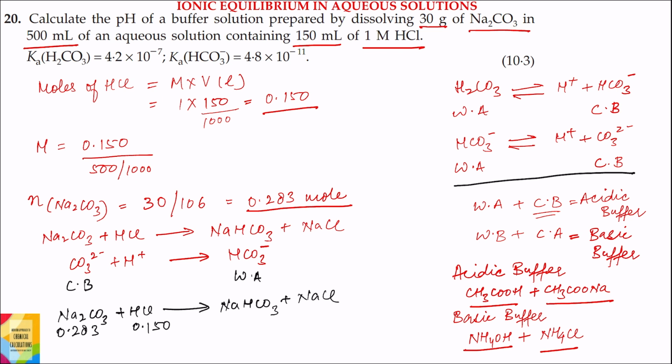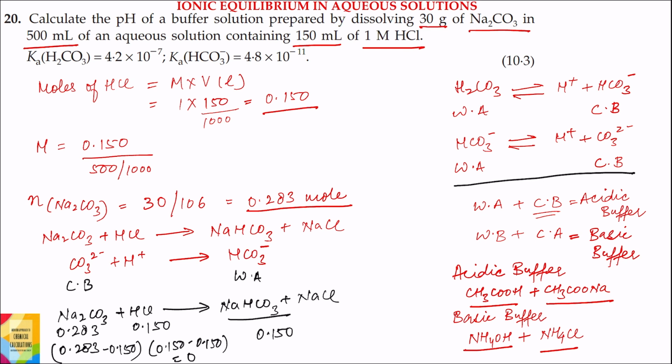So 0.150 moles of HCl will react with 0.150 moles of Na2CO3. So Na2CO3 remaining will be 0.283 minus 0.150 and HCl remaining will be 0.150 minus 0.150. This is equal to 0. And concentration of NaHCO3 formed will be 0.150.